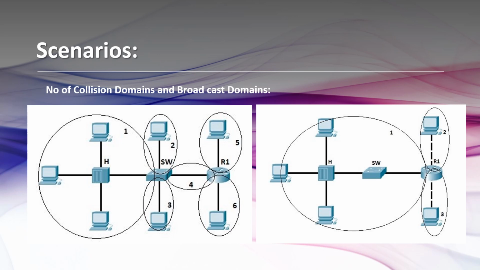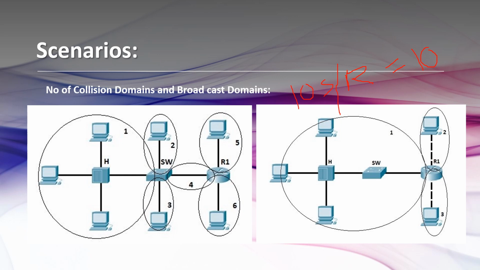And for broadcast domain, a hub only has a single broadcast domain, and a switch has as many as its ports. Suppose it is a 10 port switch or router, each port belongs to a separate broadcast domain. So it means it has 10 broadcast domains.